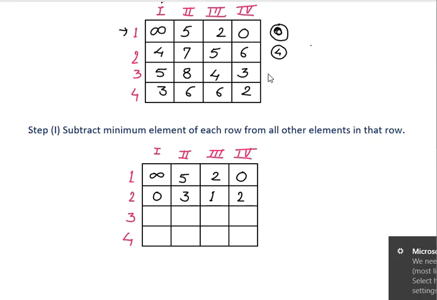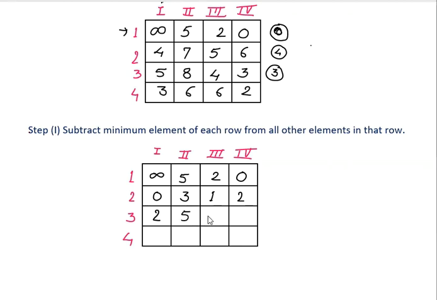Now the smallest element in the third row is 3. Subtracting 3 from all the numbers in the third row, we get 5 minus 3, 8 minus 3, 4 minus 3, and 3 minus 3 is 0.